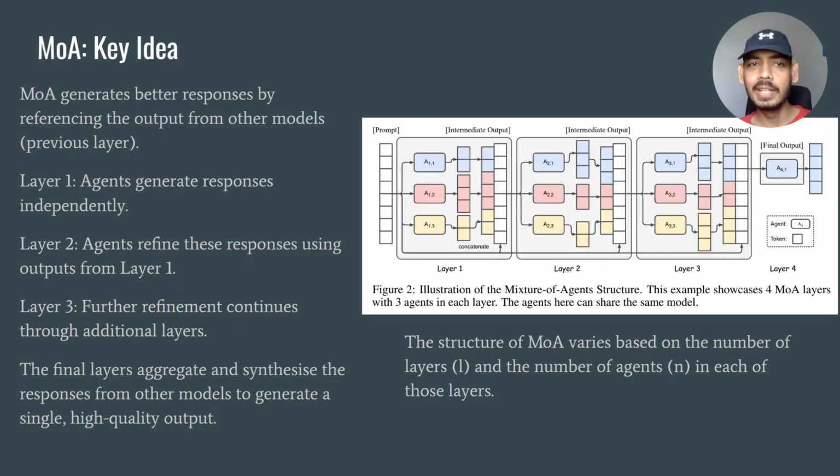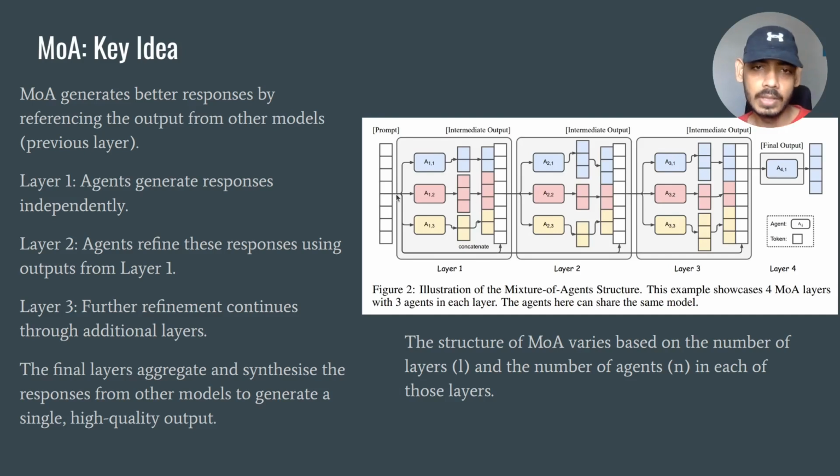So the key idea is to generate better responses by referencing the output from the other models. If you see here on the right hand side, you have a single prompt which is passed to layer 1, which contains multiple agents, which could be multiple LLM models. And then there is another layer, L2, which is again a bunch of LLMs.